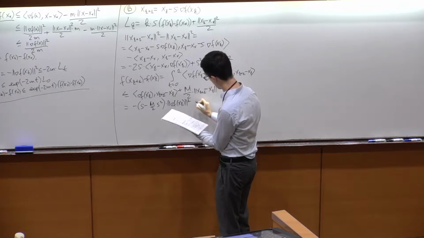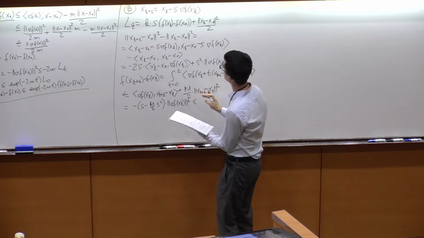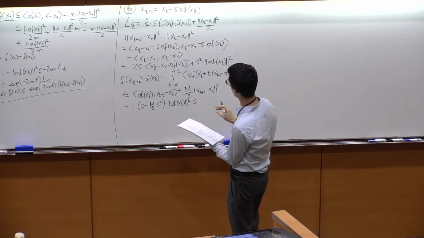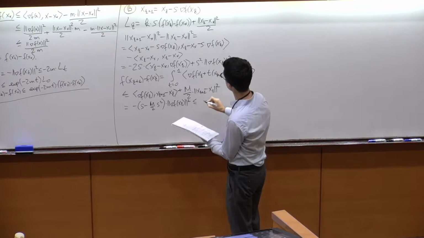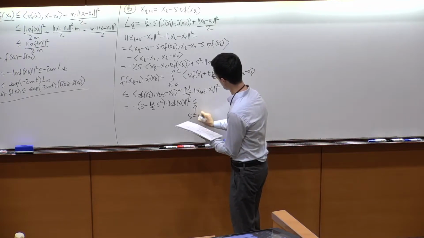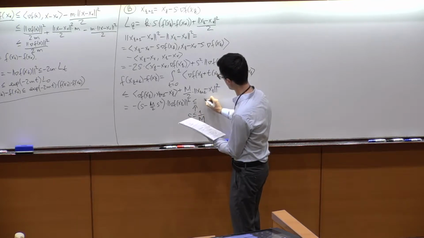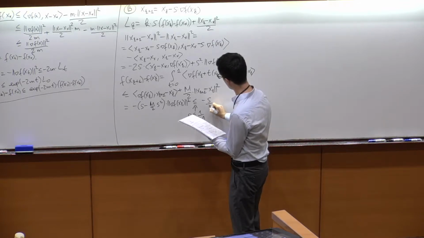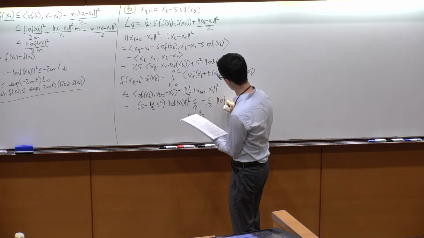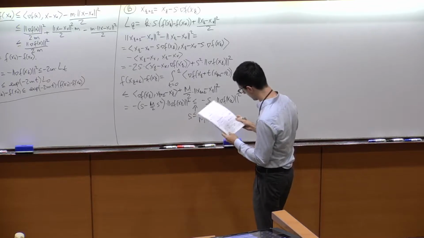And now I'm going to assume that s is less than or equal to 1 over m. Okay? So under this assumption, this is less than or equal to minus s over 2 times gradient f xk norm square.